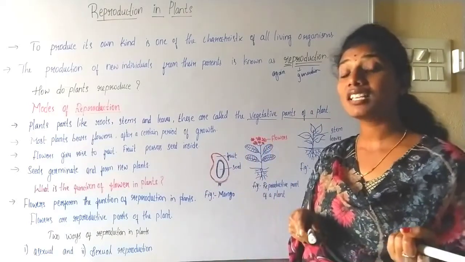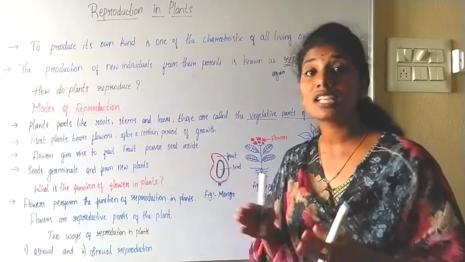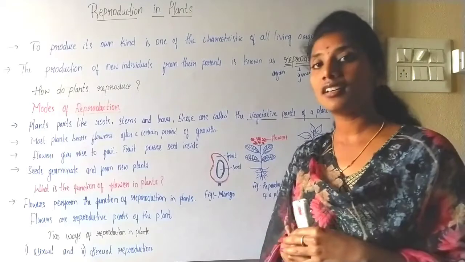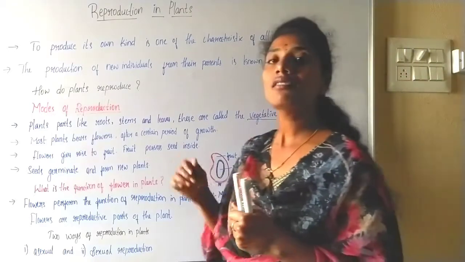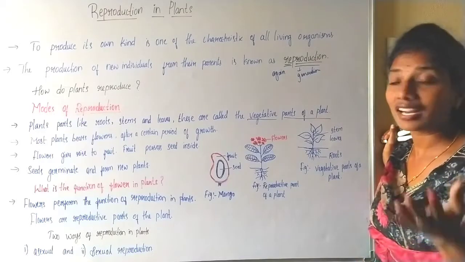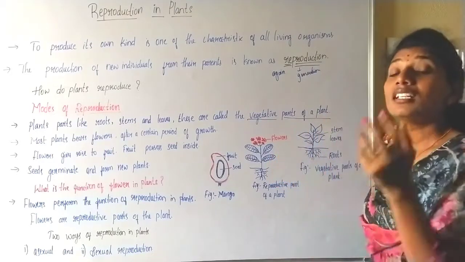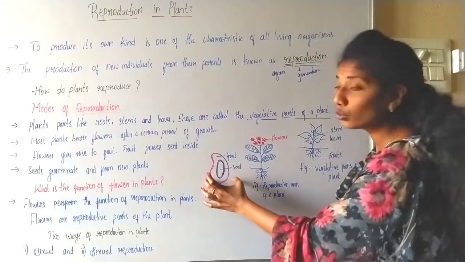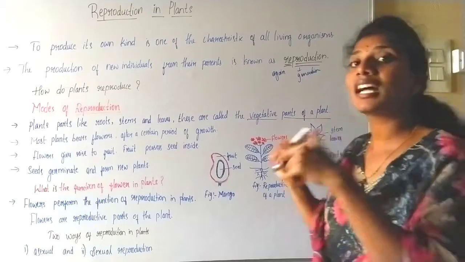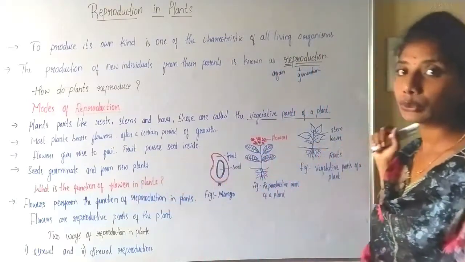Already we have seen how germination takes place in a plant, how a seed is converted into a plant. We learned that in the 6th class, right? So now you understood what is the role of a flower, right? A flower will turn into a fruit, and the fruit will possess a seed, and this seed will germinate and turn into a new plant.